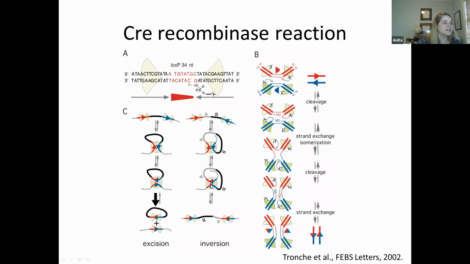In this case, you're actually going to have an inversion of the gene of interest. Again you end up with the hybrid sites. In both cases, you end up with this hybrid LOXP site, but instead of being AB, now you have BA, and it's in the antisense direction.